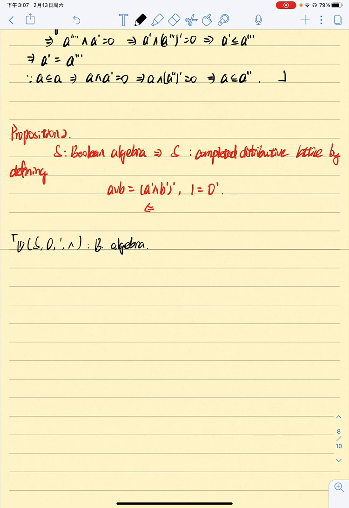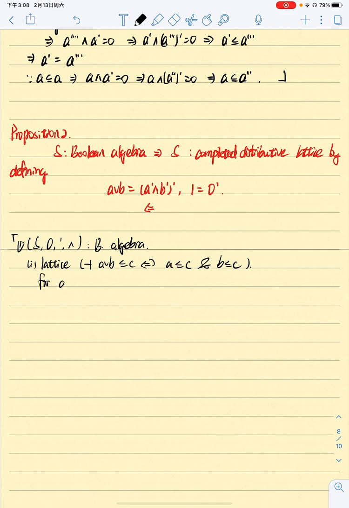So we should first prove this is a lattice. Lattice means we should show A or B is smaller than C if and only if A is smaller than C and B is smaller than C.